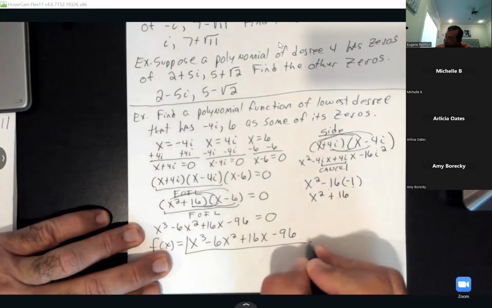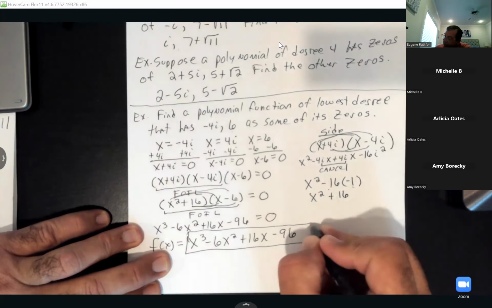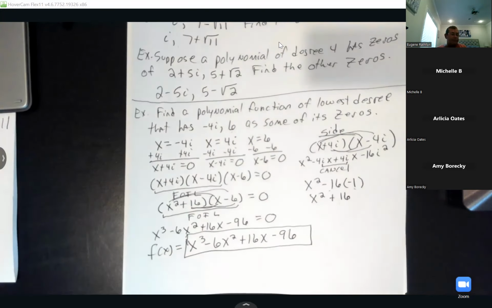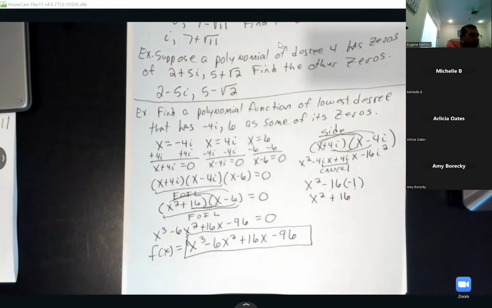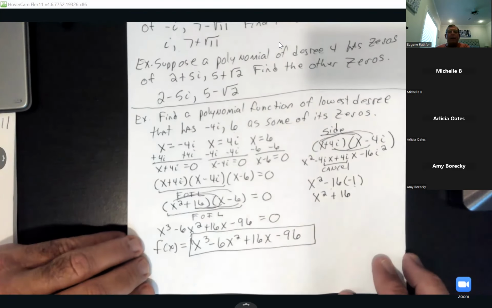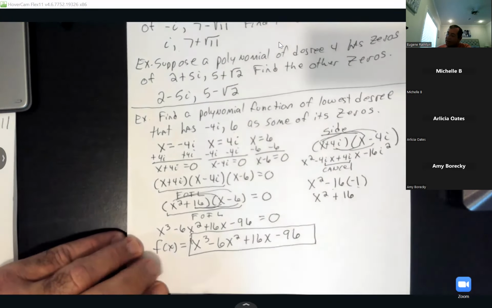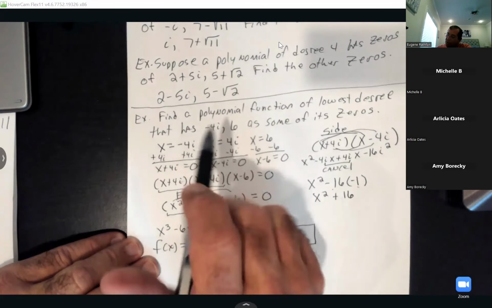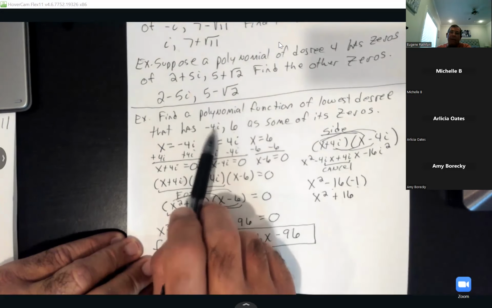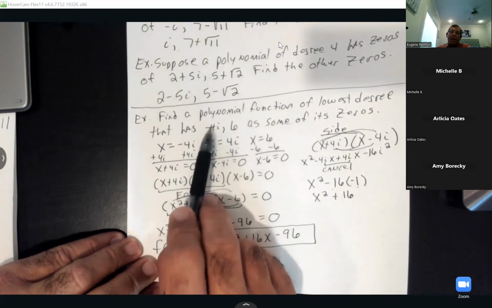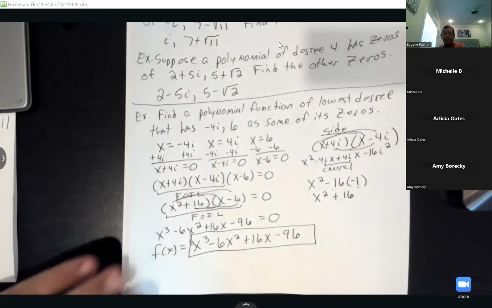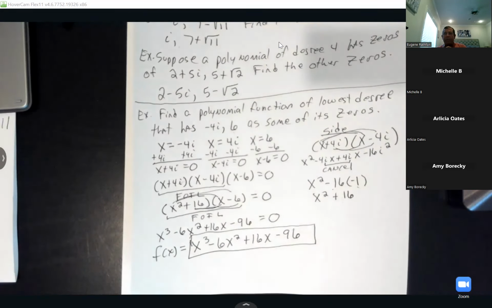So put that in MATLAB and be done. All right, so the moral of this problem was to realize that I had to bring that conjugate pair down, okay? All right, I'll give y'all a second, then I'll spin it over.